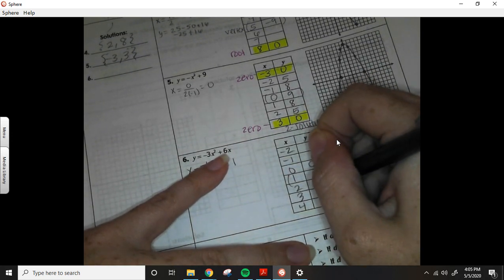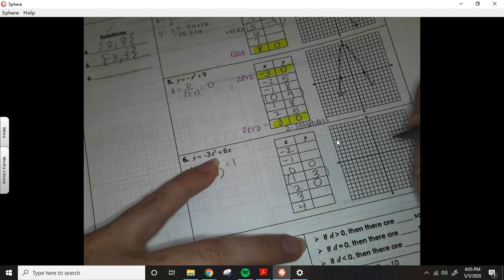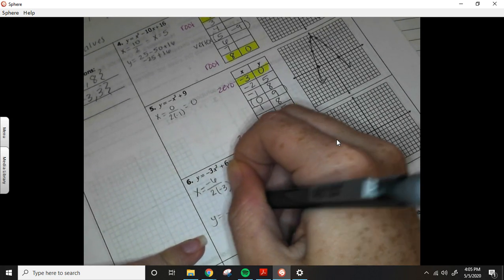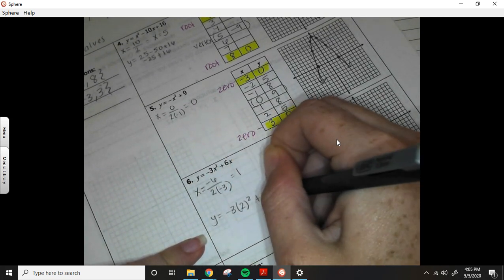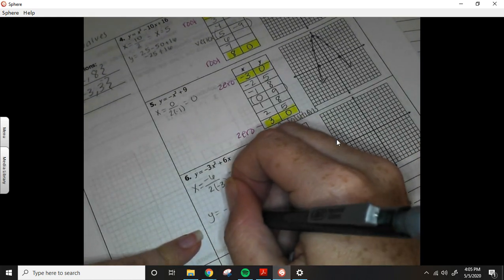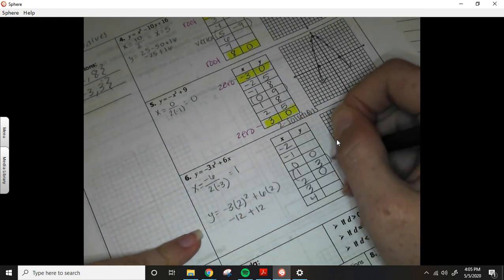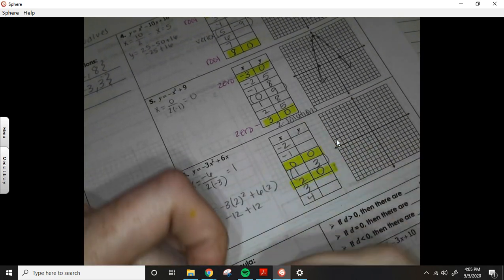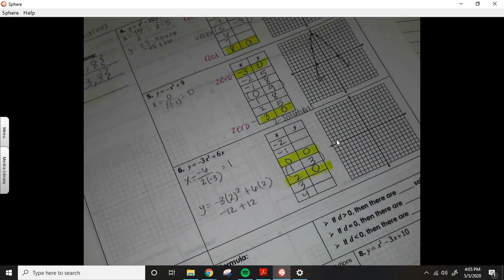Oh, so that means if we plug in 2, y equals -3 times 2 squared plus 6 times 2. We would get -12 plus 12 equals 0. We found our zeros. These are our solutions.